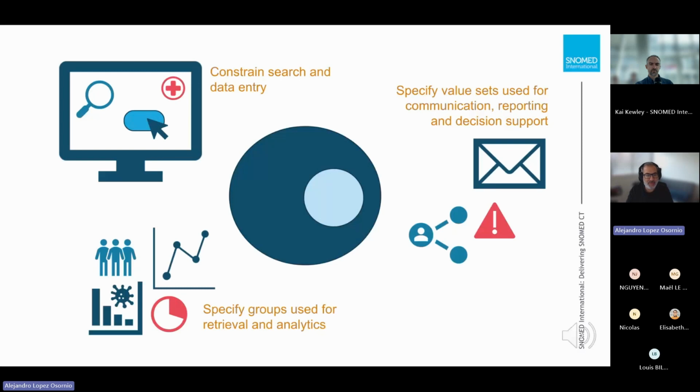Once you have the list of codes that are relevant for the analytics task that you need to do, then you go to finding the actual clinical records, which patients have been coded using those codes. So you start with a subset for all your data retrieval and analytic tasks.